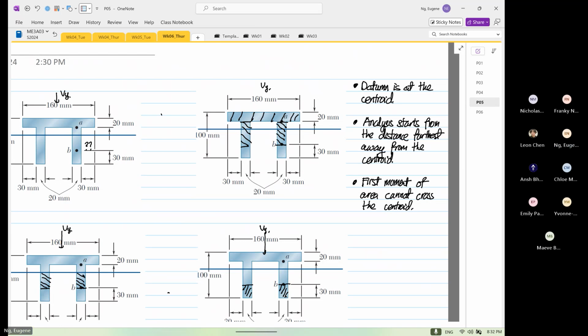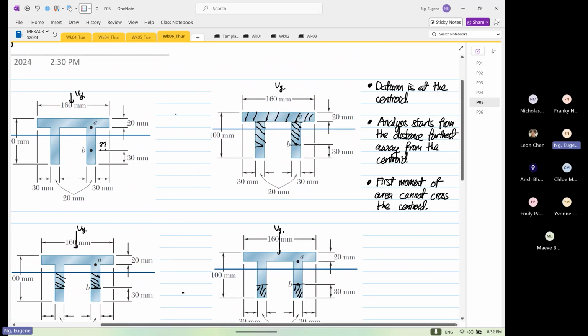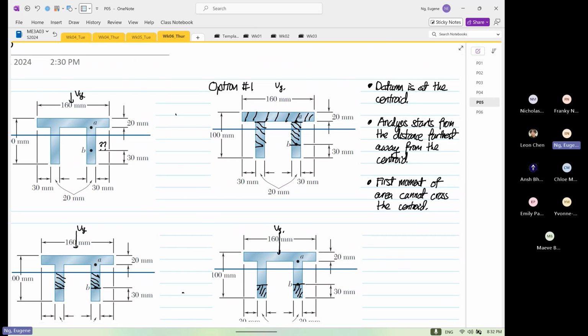By looking at all these rules, we know that, so I'm going to label this option 1. So option 1 is not correct, it's wrong, right? Any idea why? Which rule has it broken?